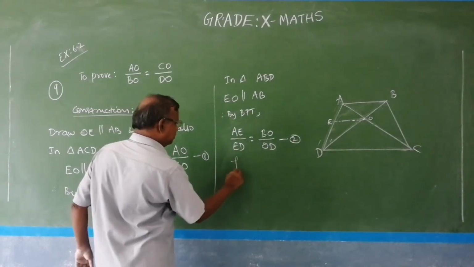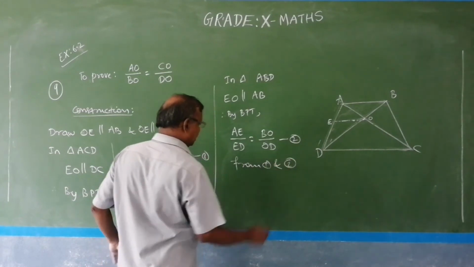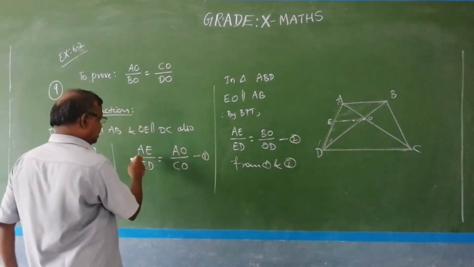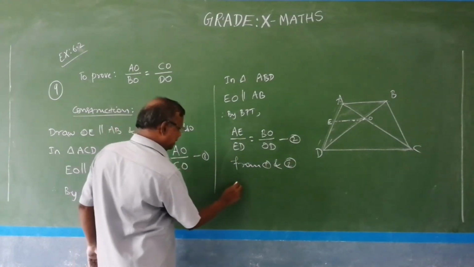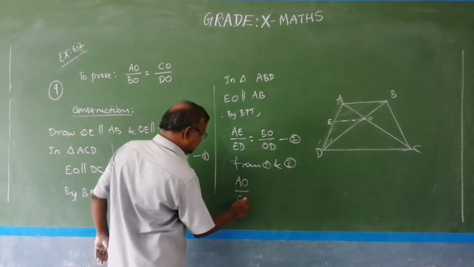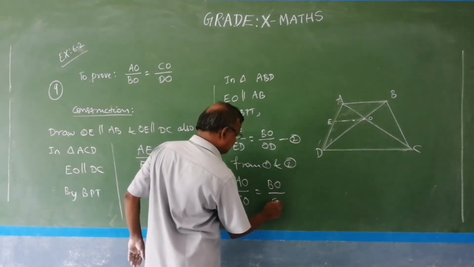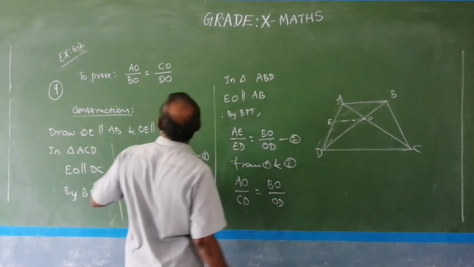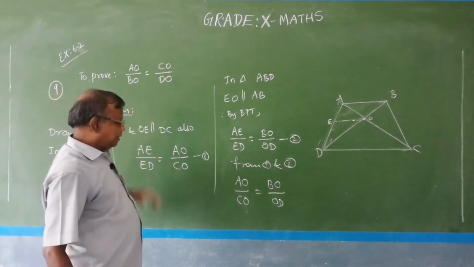From 1 and 2, we have AE by ED on both sides. So, AO by CO equals BO by OD, or DO. But we need to prove AO by BO equals CO by DO.